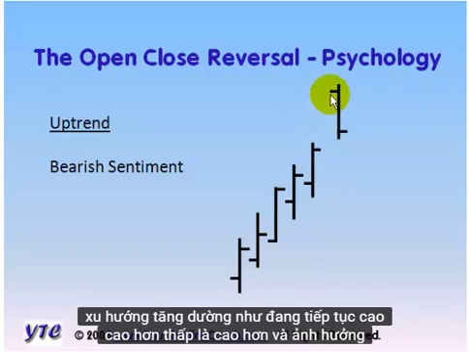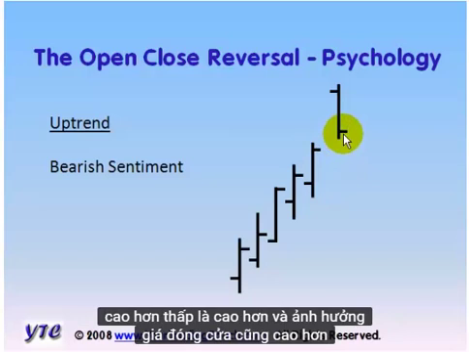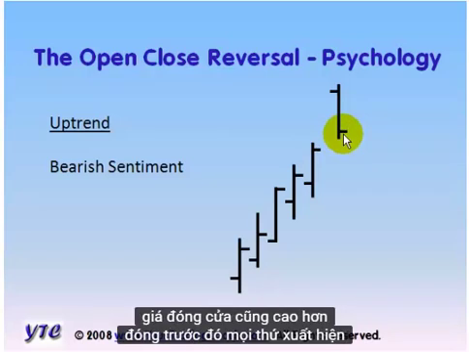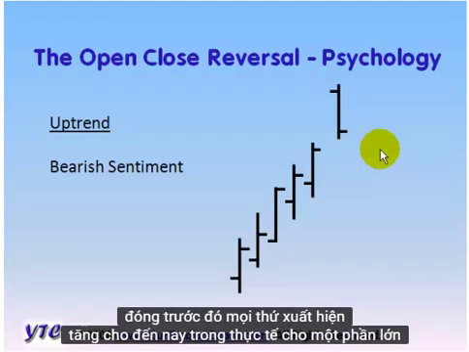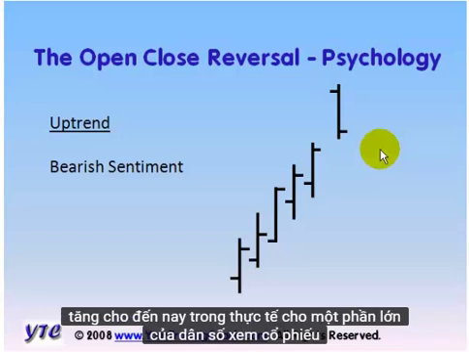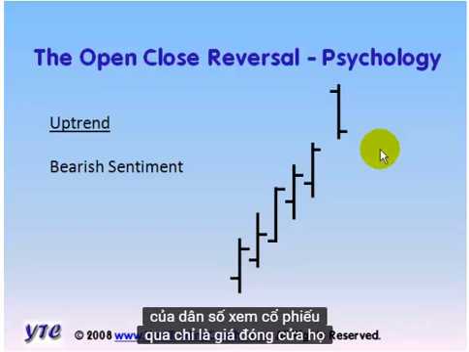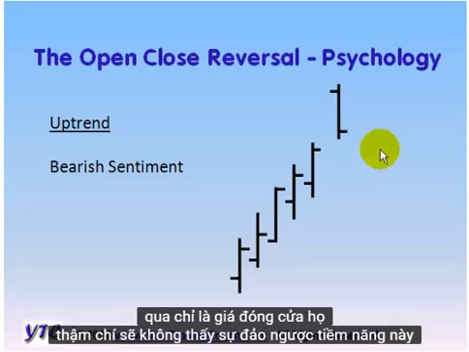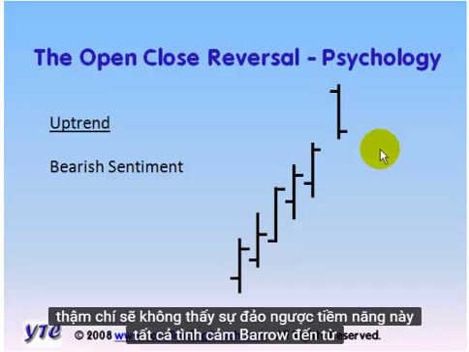The high is higher, the low is higher, and in fact the closing price is also higher than the previous close. Everything appears bullish so far. In fact, for a large part of the population watching stocks through just the closing price, they won't even see this potential reversal at all.